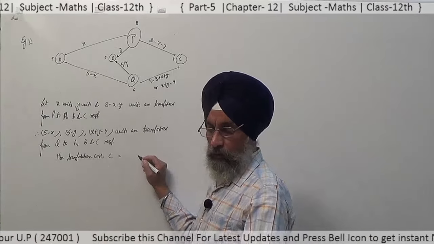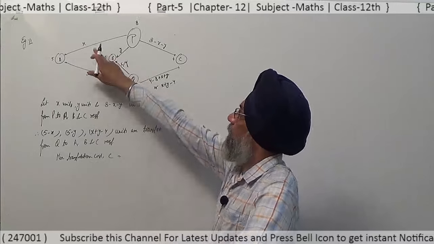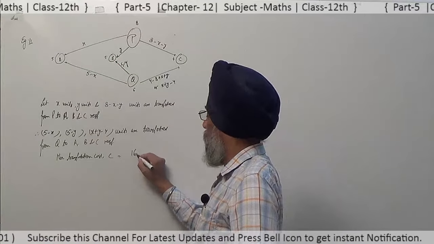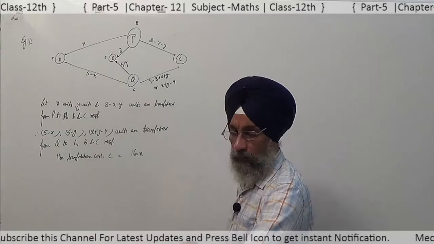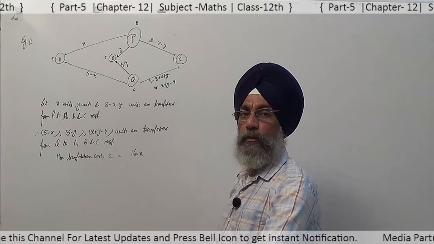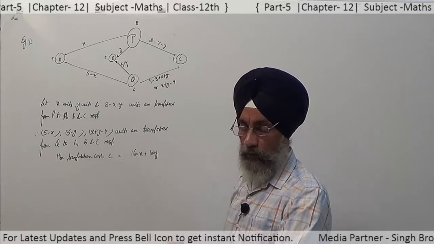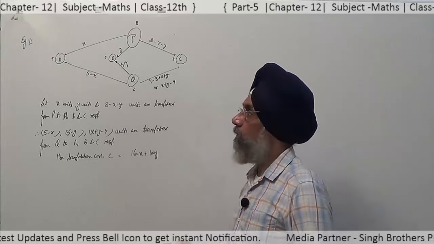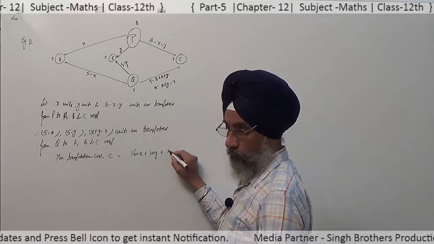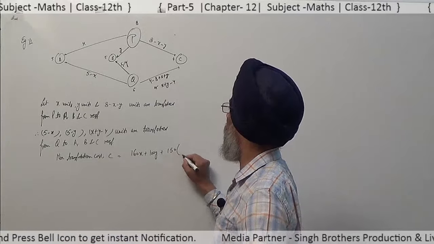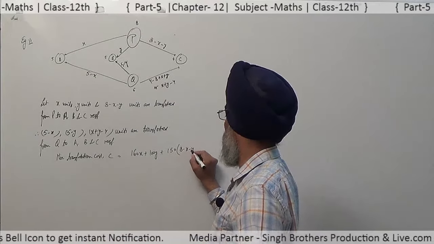So it costs 160 per unit from P to A, but X units are transported, so it becomes 160X. Then from P to B, it costs rupees 100 per unit, so it becomes 100Y. It costs 150 from P to C, so it becomes 150 times (8 minus X minus Y).